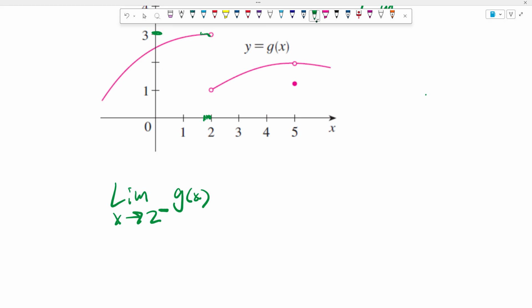So this limit equals 3. The limit as x approaches 2 from the right, as x gets closer and closer to 2, f of x gets closer and closer to 1.